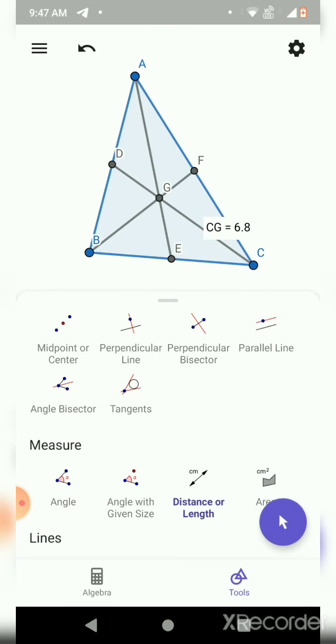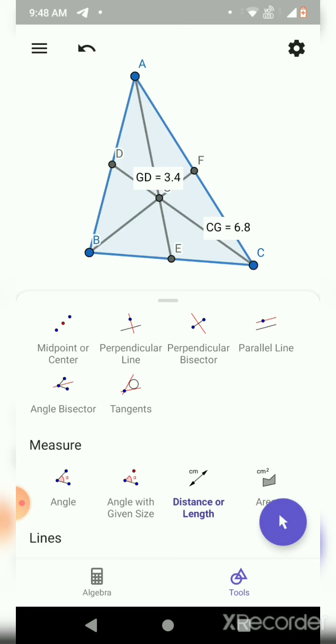It is 6.8, and if we measure GD, it is 3.4. Now students, you can see CG is twice of GD. Twice of 3.4 will be 6.8.